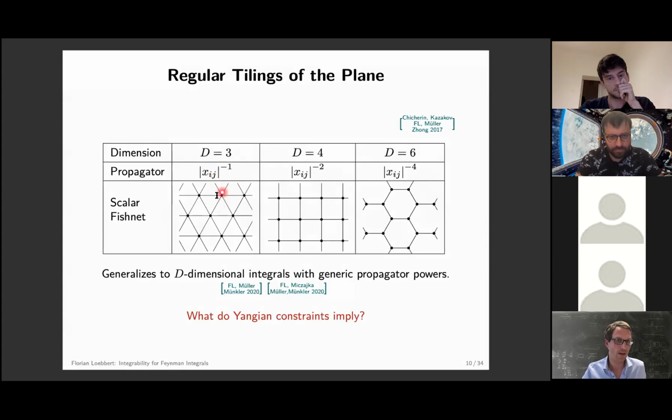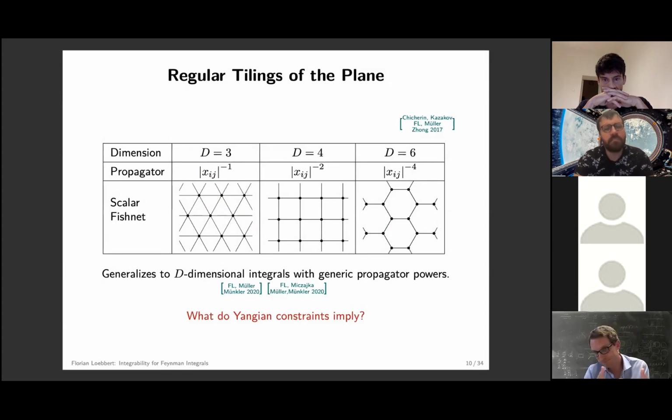If you require that at each vertex the propagator powers sum up to the space-time dimension, which would give you the conformal symmetry. And in fact, you can also treat the dimension as a generic parameter and then find similar statements if you also introduce generic propagator weights that sum up to this generic space-time dimension.